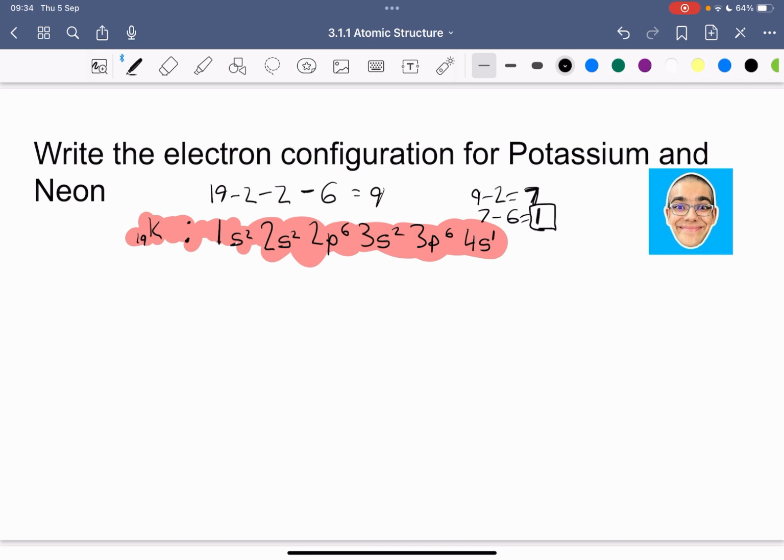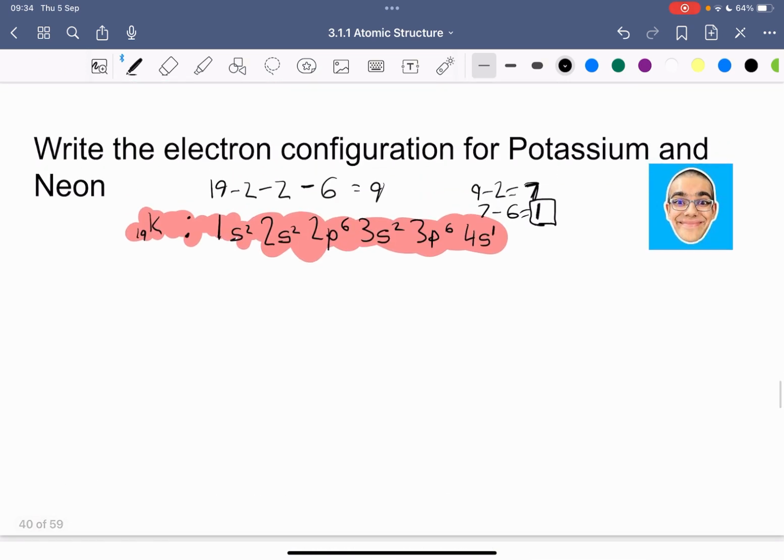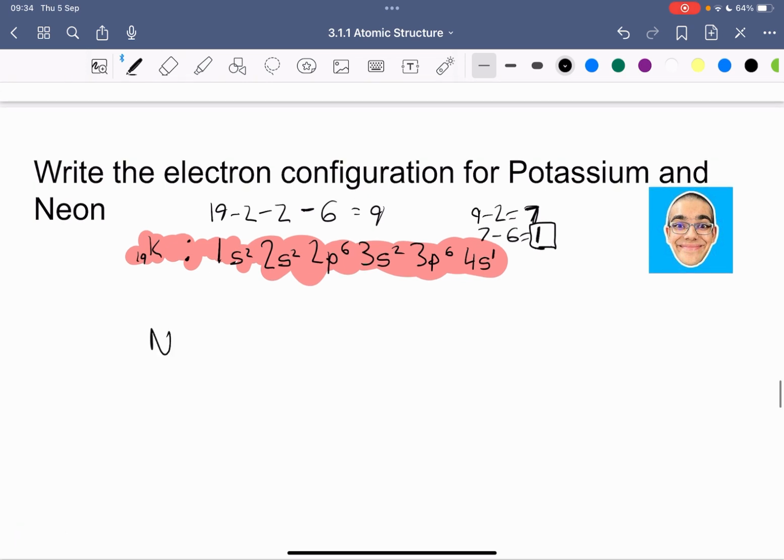Now neon has 10 electrons, so this one should be easier. We fill up the first subshell, which is 1s2, and now we have 8 electrons left.